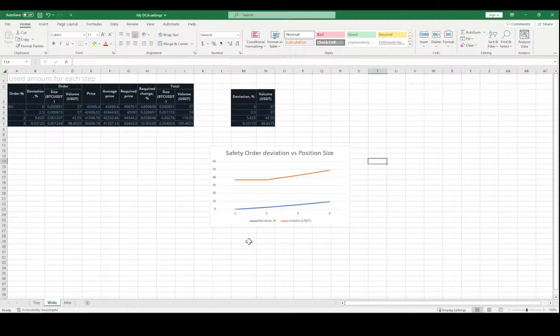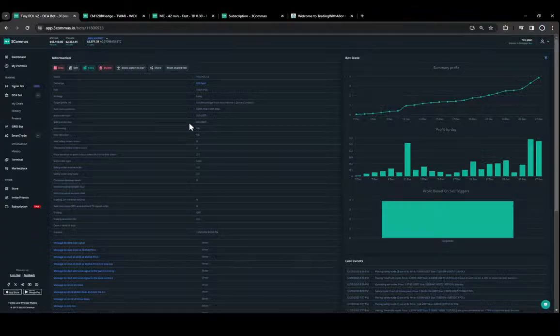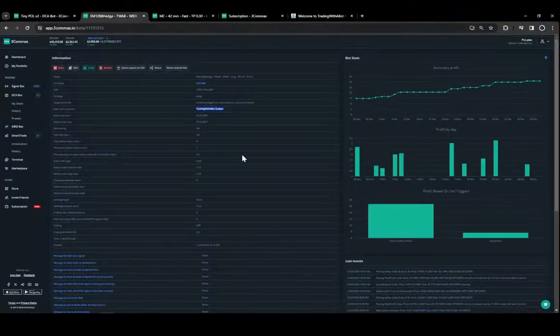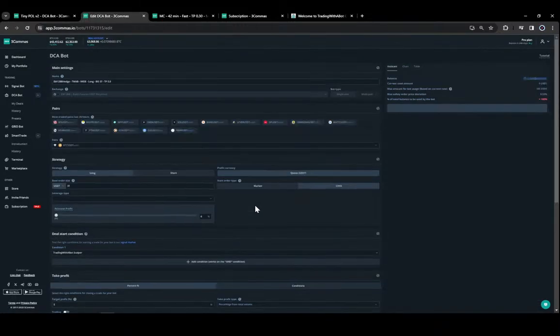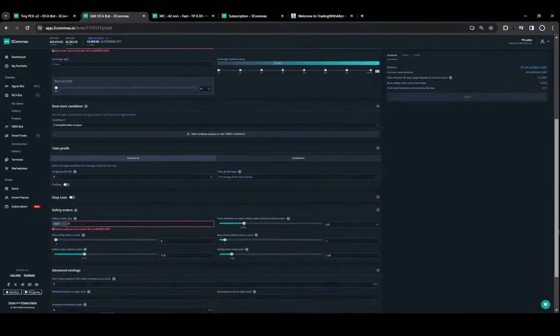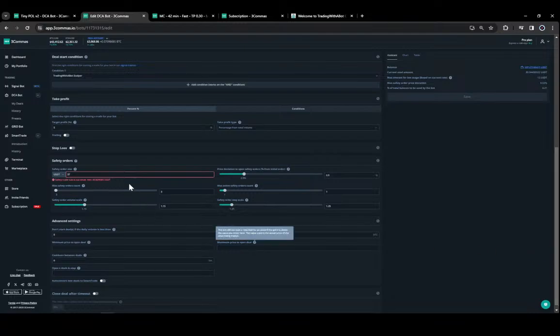I minimize my own liability, and if I do copy trading or signal provisioning, I give them this wide setting. And the wide setting has only 3 safety orders. You could do more, as I mentioned, but you don't need to for Bitcoin.